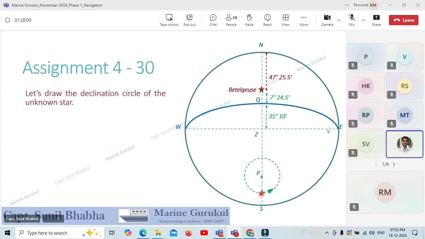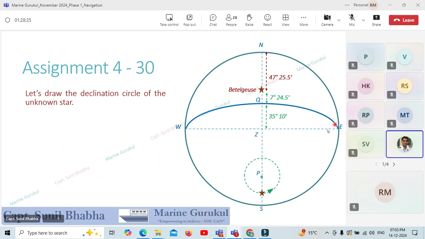Now, whenever you want to check the direction in which the body will be moving, consider that we have a celestial body on the equinoctial. Now that celestial body will be rising at point E, moving along the equinoctial, and it will be setting at point W. All the bodies rise on the eastern horizon and they set on the western horizon.